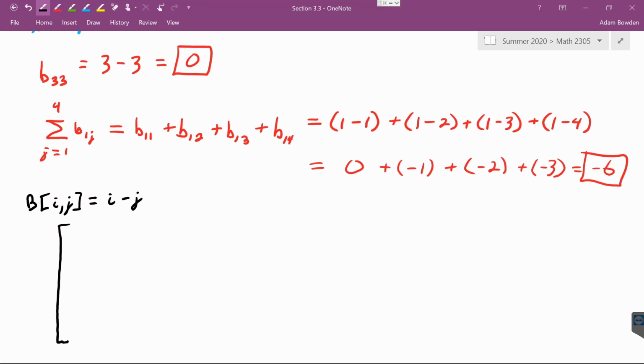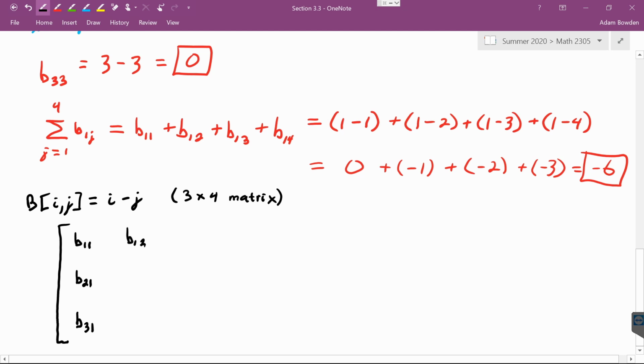Now what I'd like to illustrate is how we go about constructing the full matrix from the formula that we have. So if we have B sub i,j is equal to i minus j, and it says we have a 3 by 4 matrix, 3 rows, 4 columns, we can lay out the matrix something like this. B sub 1,1, B sub 2,1, B sub 3,1.